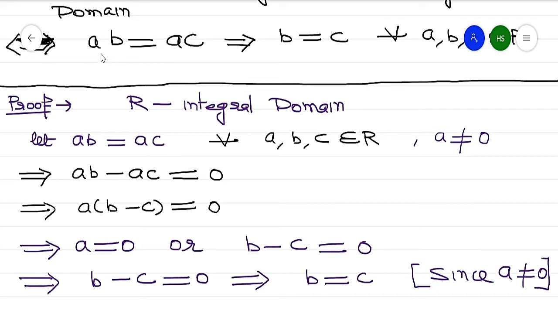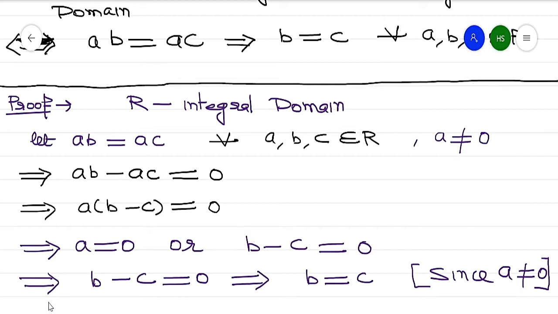Now the second part, this condition is applicable and R is a commutative ring. Now to prove that R is an integral domain, we want to prove that it is without proper zero divisor.